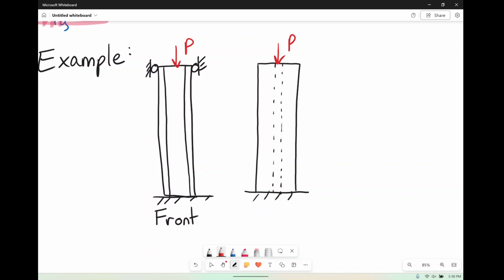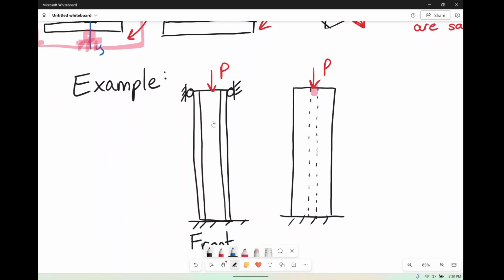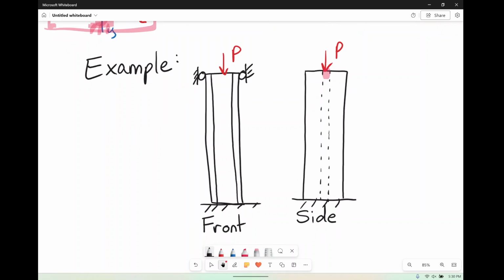And we're going to say that he's just not restrained. So again, there's a roller right here on each side, but as far as movement goes this way, he's kind of unrestrained. So he can move along in the X direction. I'm going to call this the side face, just for ease of talking.